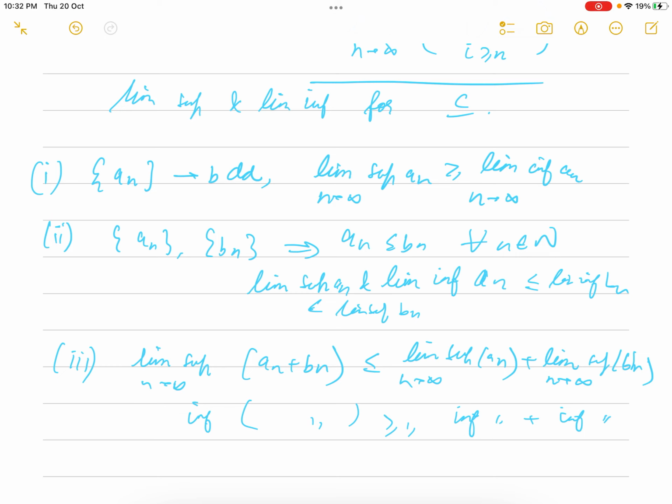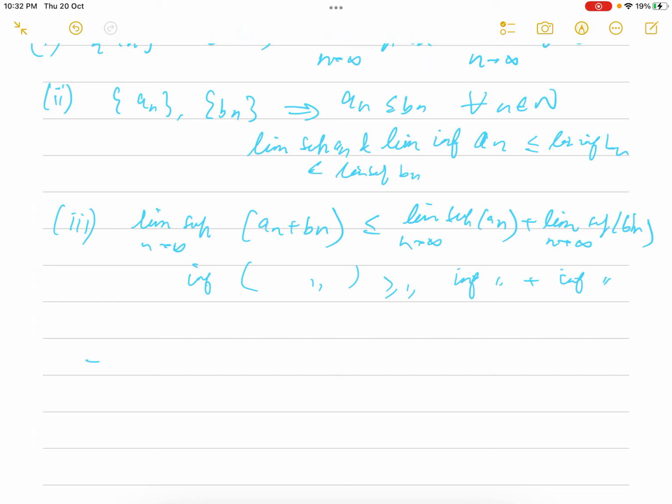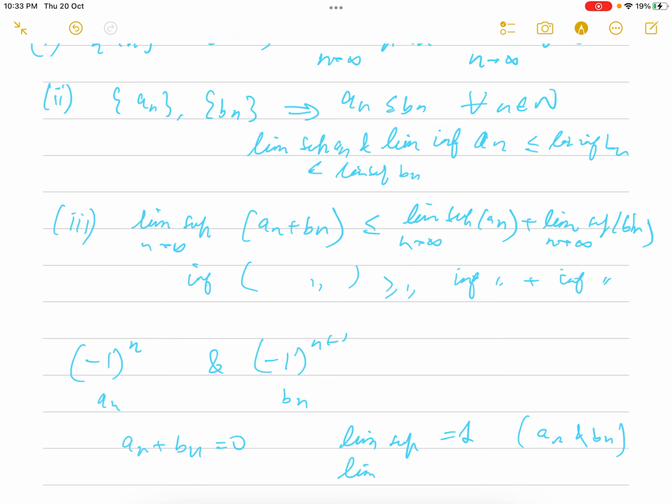An easy way to see this is that for the subsequences, a_n plus b_n is 0, while lim sup of both is 1 and lim inf of both is -1.